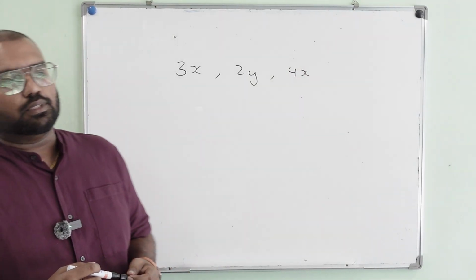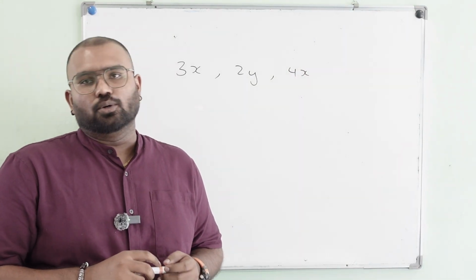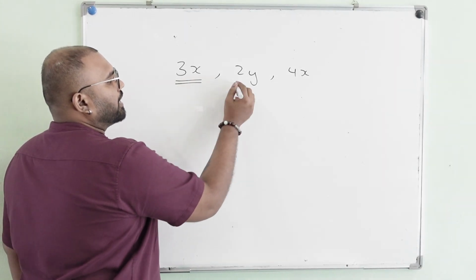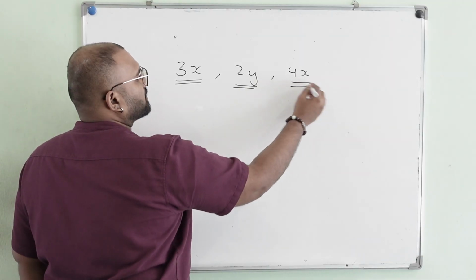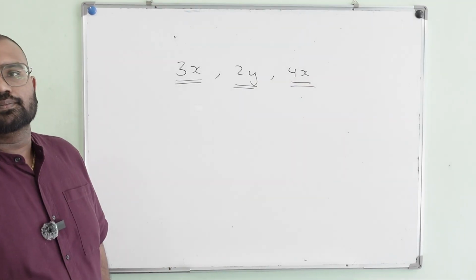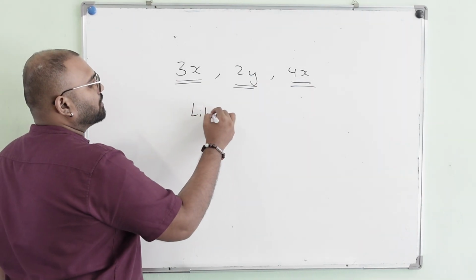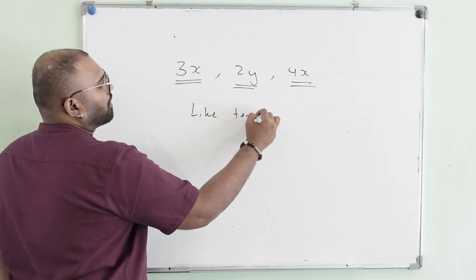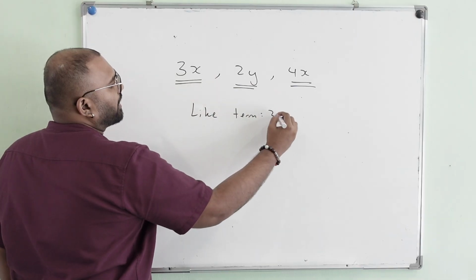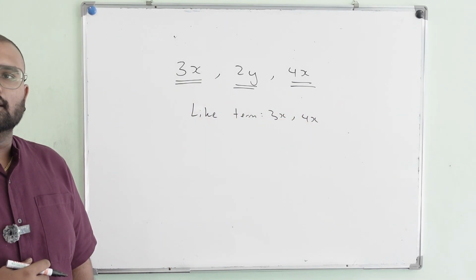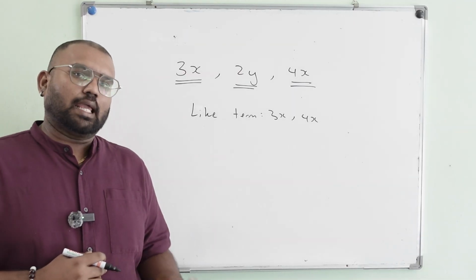To see like terms, you just look at the unknown. Here there is x, here y, and here x. Which are the same? x and x are the same. So if they ask you like terms, we put 3x and also 4x. Clear? Okay, so this is how we see like terms.